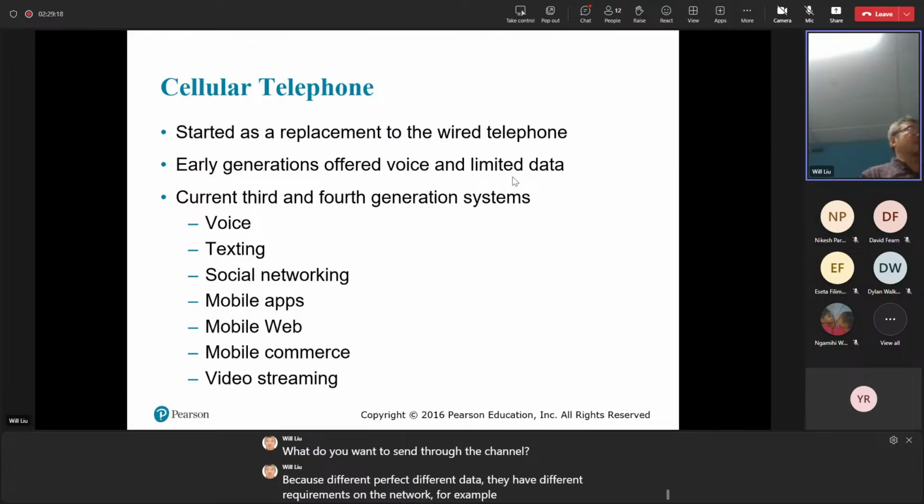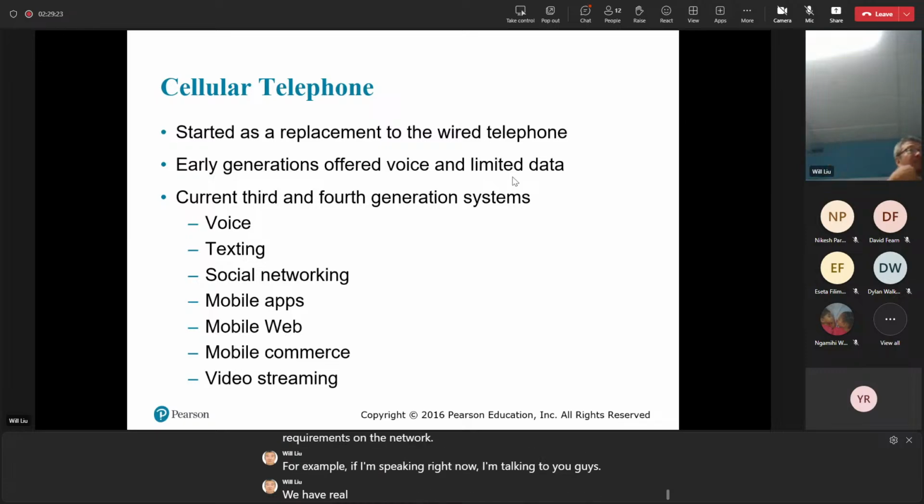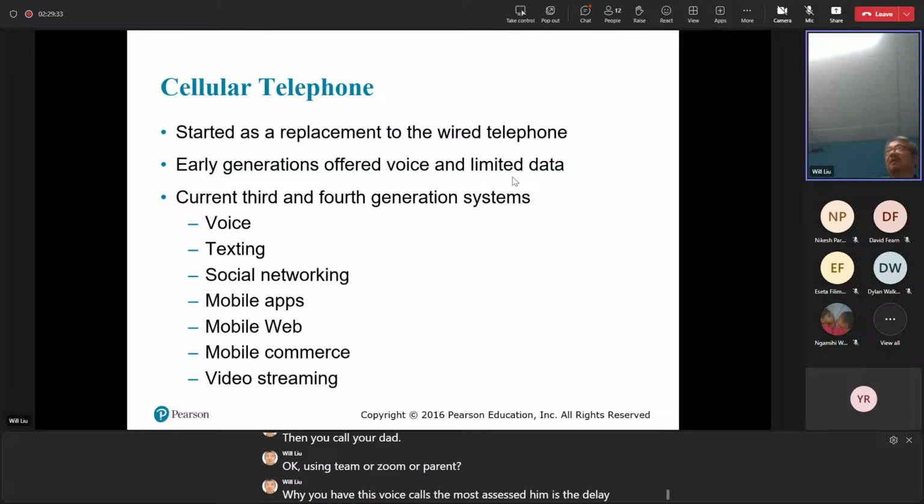For example, if I'm speaking, like now, I'm talking to you guys, that is a real-time phone call. When you call your dad using Teams or Zoom or whatever, with voice calls the most sensitive thing is the delay, because if you have long delays, people feel uncomfortable.